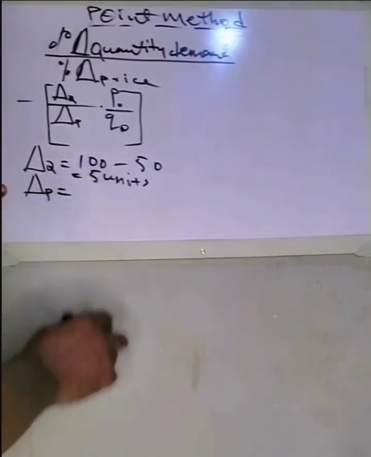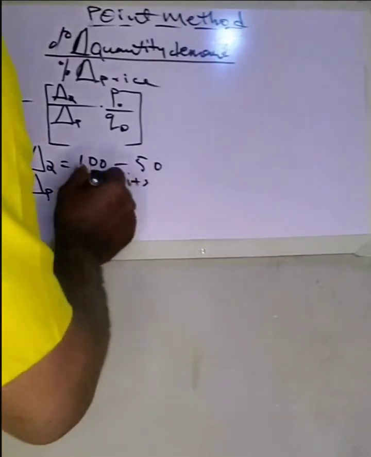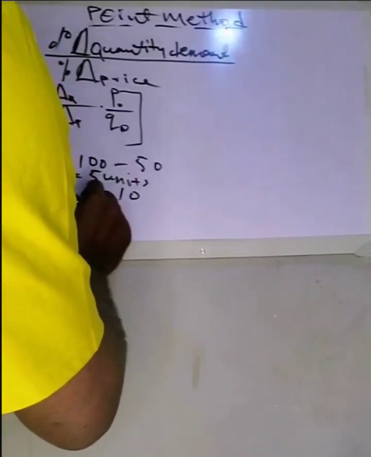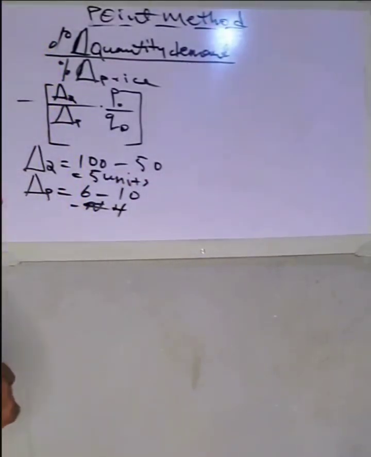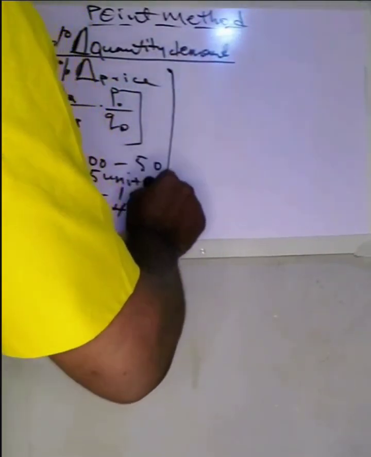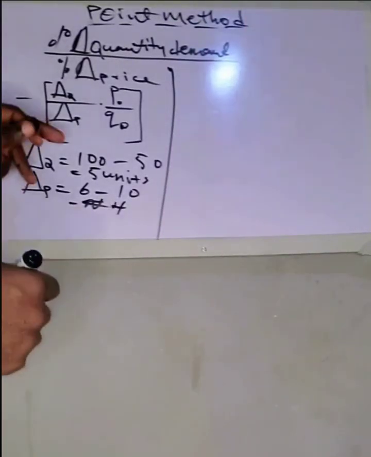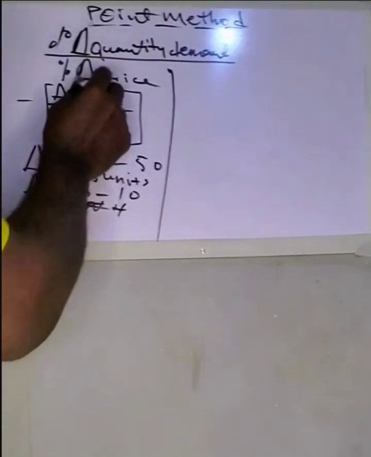Change in price. Our new price is what? Our new price is 6. 6 minus 10 is minus 4 naira. That is our change in price. Then the next step is to find old price. The old price here is what?